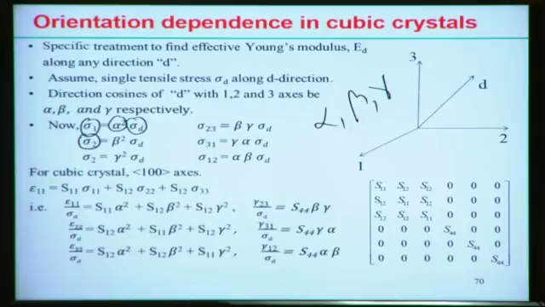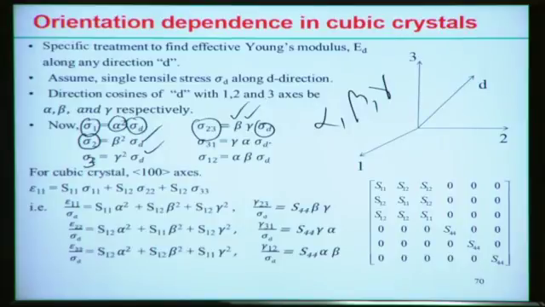Similarly, sigma 2 can be represented as beta square into sigma D. This is the stress component along axis 2 with reference to the stress direction D. Similarly, sigma 3 can be treated like that. Now the shear component sigma 23, with reference to the stress along the axis D, is simply obtained by multiplying the two direction cosines beta and gamma.